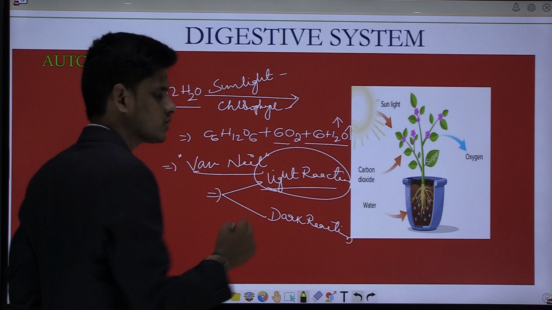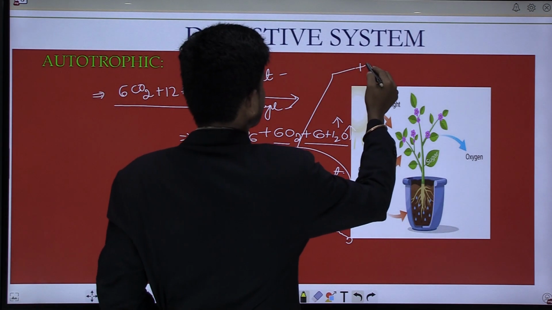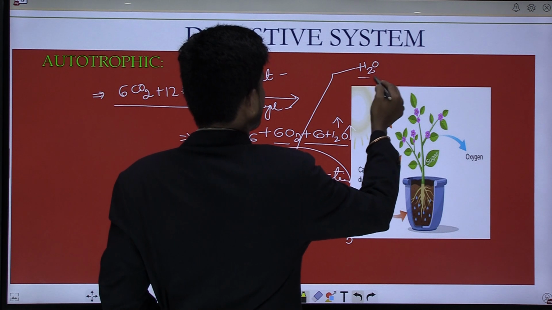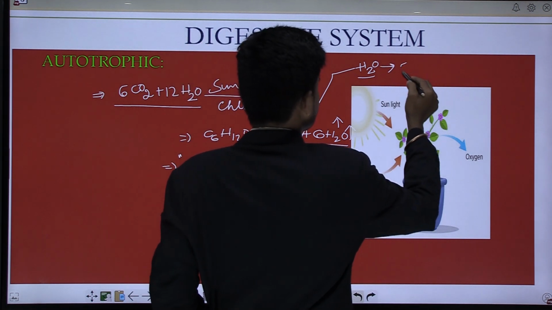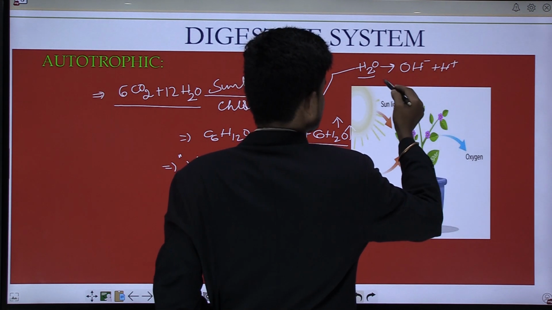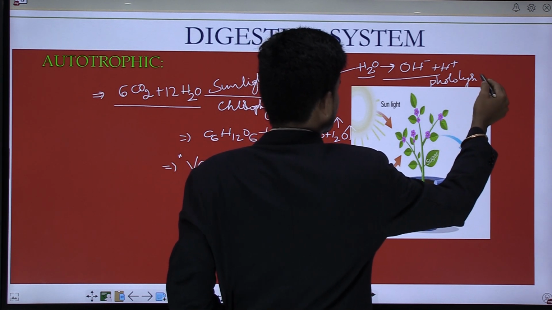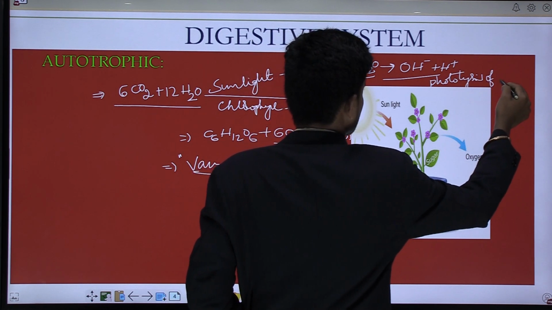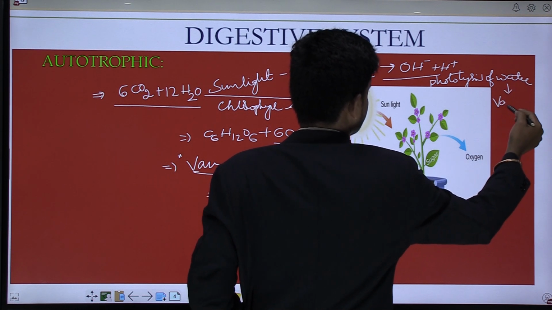In the light reaction, we can see the photolysis of water. What is photolysis of water? The water we give to the plants is dissociated into OH minus and H plus ions, and this is called photolysis of water.